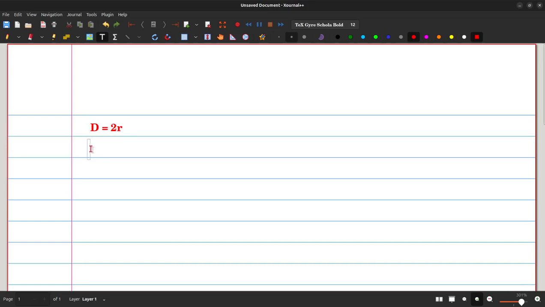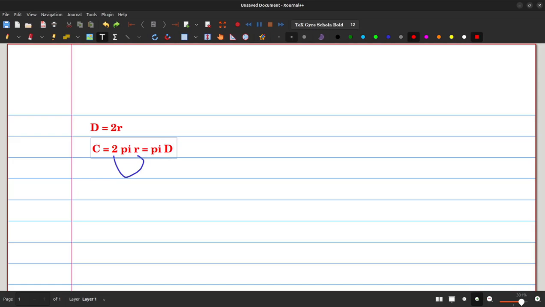Another one, we have the circumference c. Circumference is 2 pi r. If you like, 2 times r, which gives you the diameter, so this formula can be redefined to pi times d.